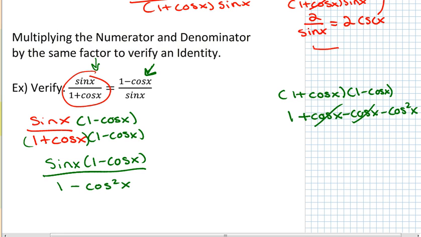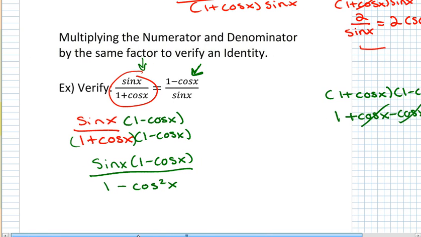So notice these cancel out, and that's how you get that. Then remember, 1 minus cosine squared is the same as the sine squared.